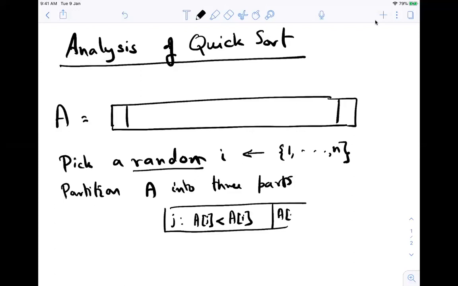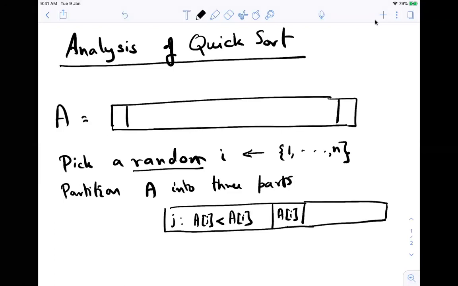Then there will be AI, and then there will be all the elements AK such that AK is more than AI.